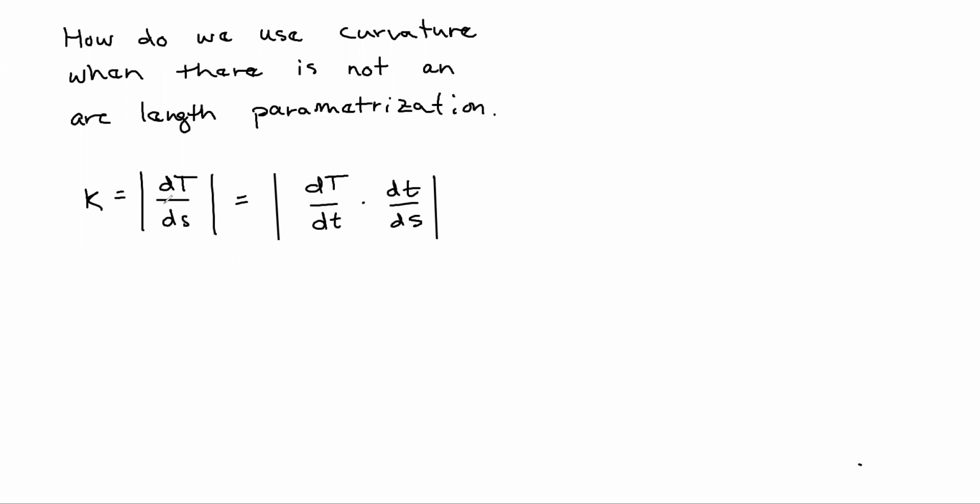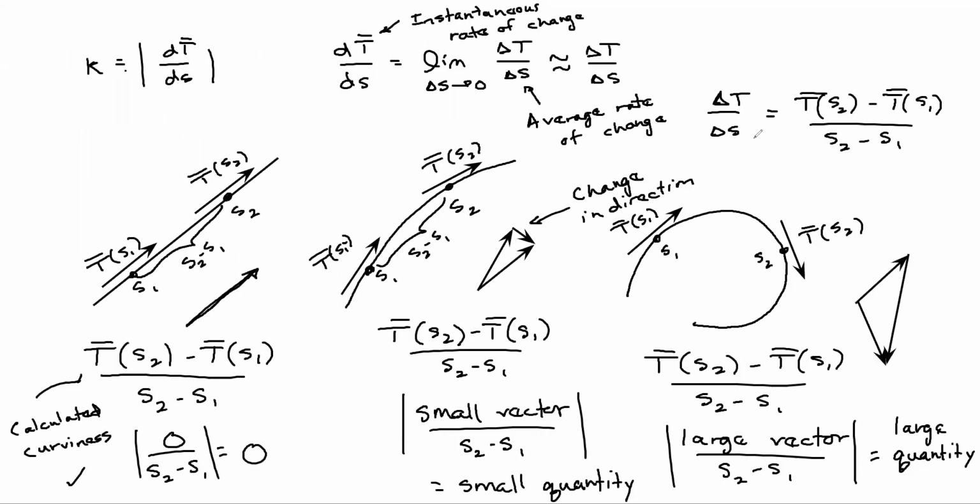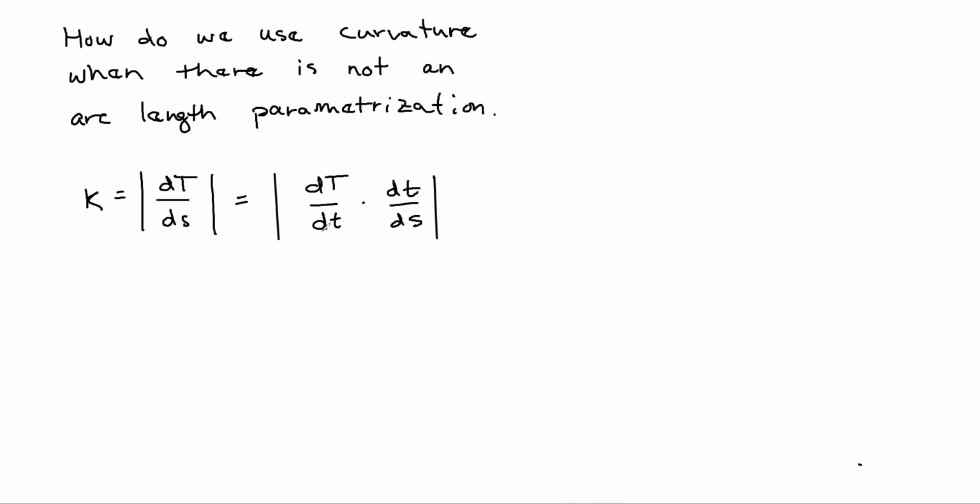You can do this kind of thing with calculus, an algebraic manipulation like that. And this is the reason why: you could take dt over dt and make it change in t over change in little t, and then this is change in little t over change in s, and then the two do cancel. The little changes in t cancel.